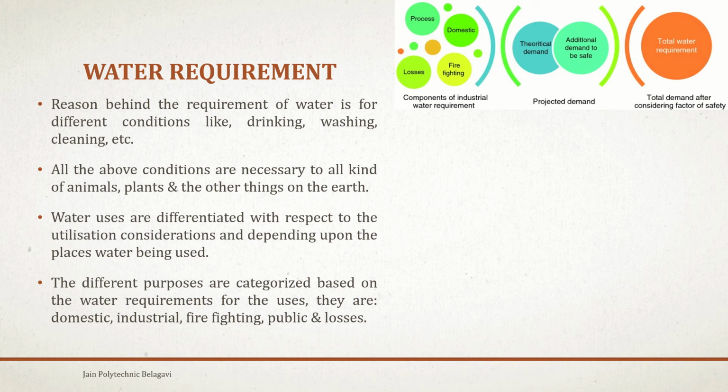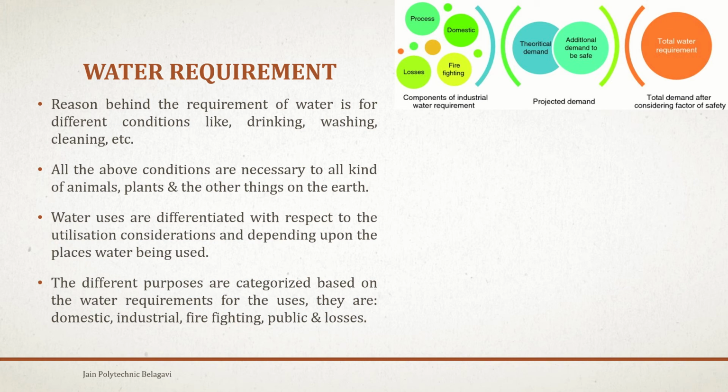Similarly, it is being used when it is necessary, like firefighting. And during supply, there might be some loose connections between the pipes, or there might be low watertight connections. Due to that, there might be water being lost. So these are the different components.